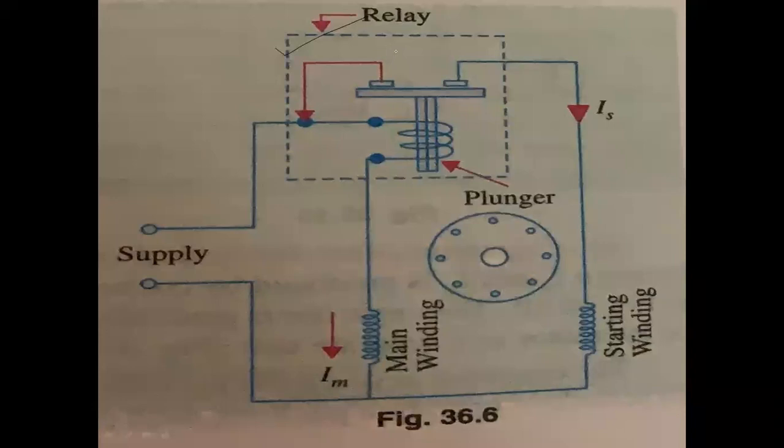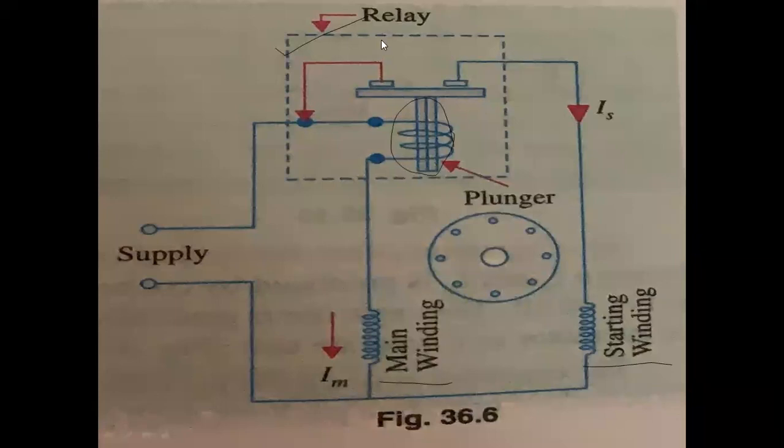Suppose you take split phase motors, these are sealed in refrigerator units like this. It has one relay, the main winding here, the starting winding here, and this is called the plunger. See here, the relay is connected in series with the main winding.